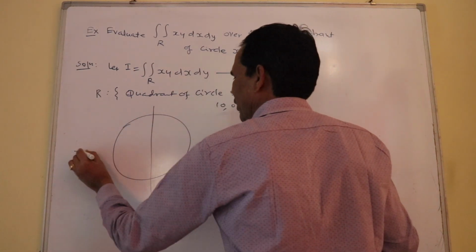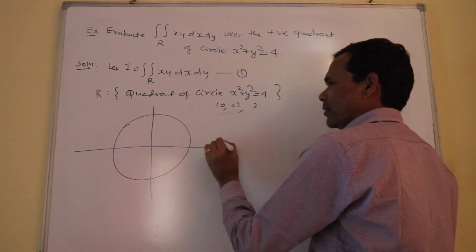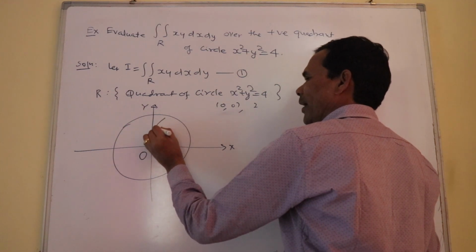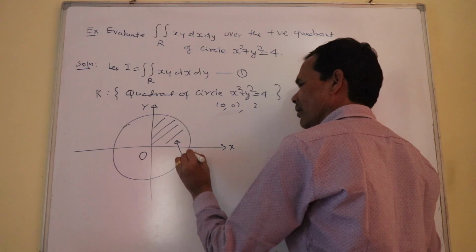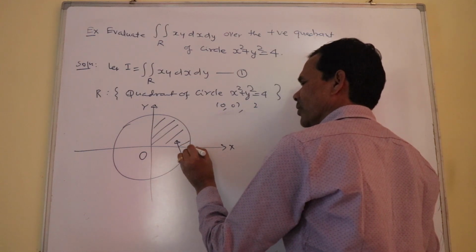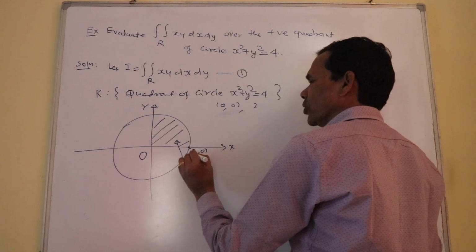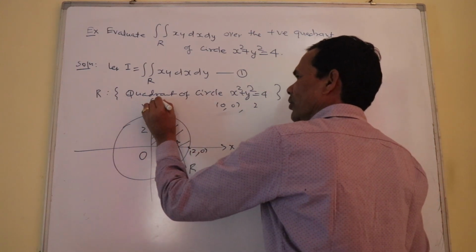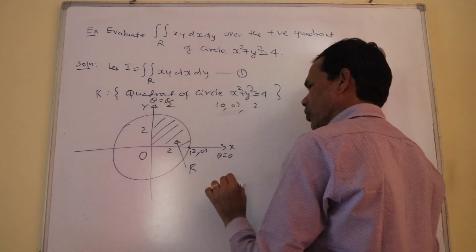It is something like this. This is the x axis, this is the y axis, this is the origin, and this is the region of integration R, the positive quadrant of the circle. The radius is 2, so this point is 2, 0, this distance is 2, and so on. This is theta is equal to pi by 2, this is theta is equal to 0.